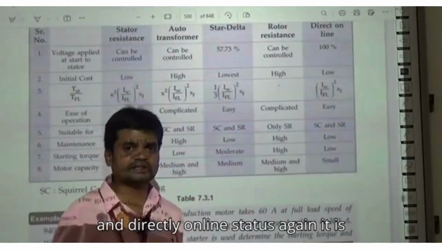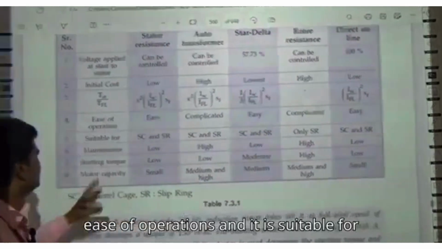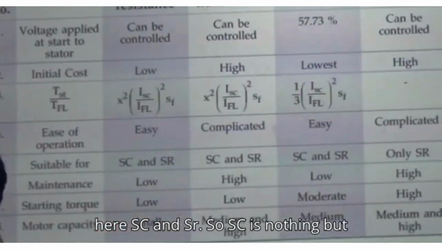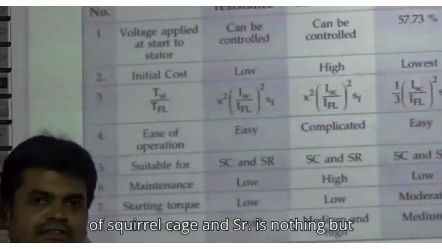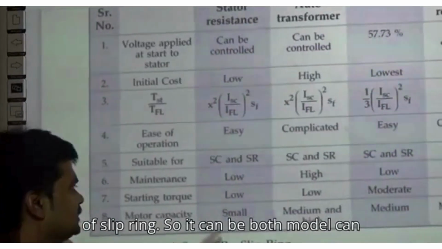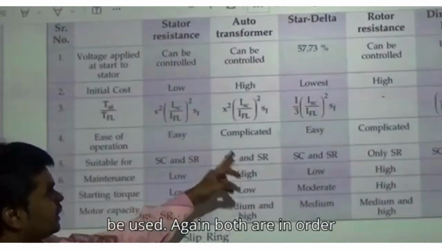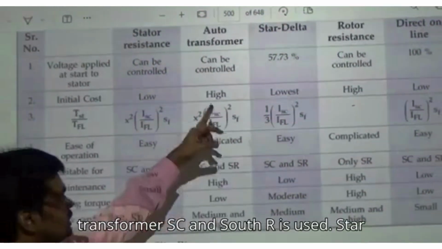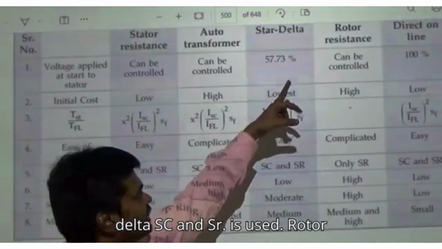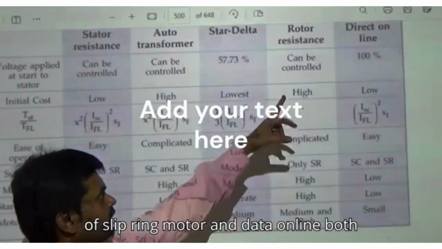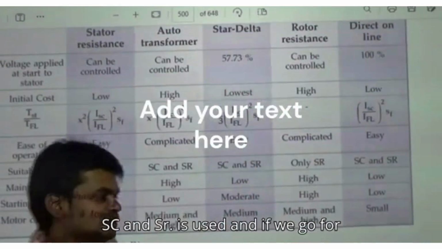And direct online starters again is easy in operation. And it is suitable for SC and SR. SC is nothing but squirrel cage, and SR is nothing but slip ring, so both types can be used. Again both in auto transformer, SC and SR are used, star delta SC and SR are used, rotor resistance only SR, SR is nothing but slip ring motor, and direct online both SC and SR are used.